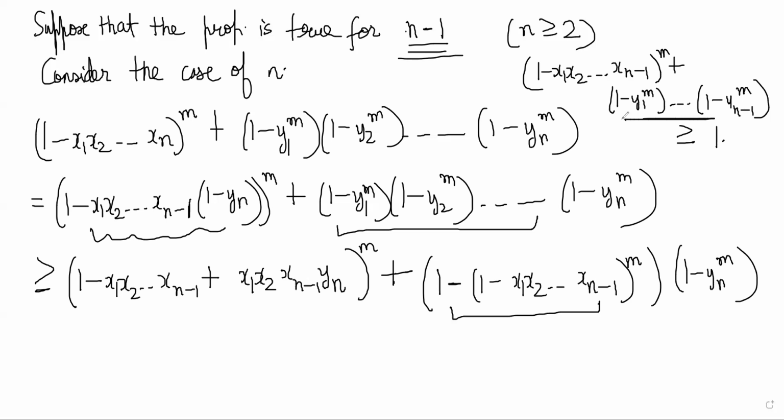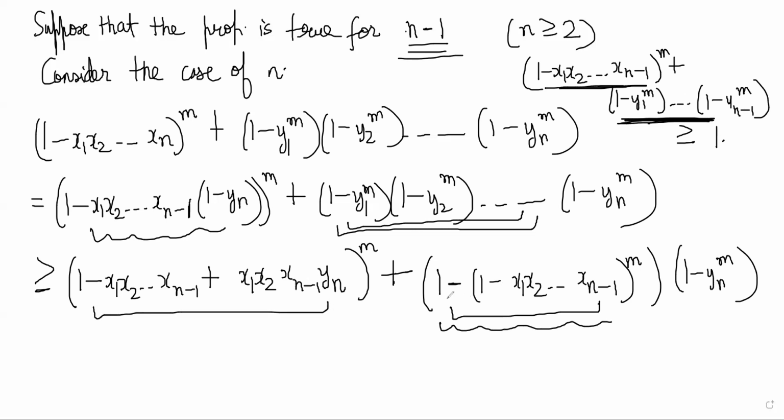So I can say that this part, which is what is present here, is greater than or equal to 1 minus this, right? Which is what I have written. And therefore the equality has changed to greater than or equal to. I have not touched the first bracket at all. I have just simplified it. And I have used the inequality for n minus 1 in the second term, right?